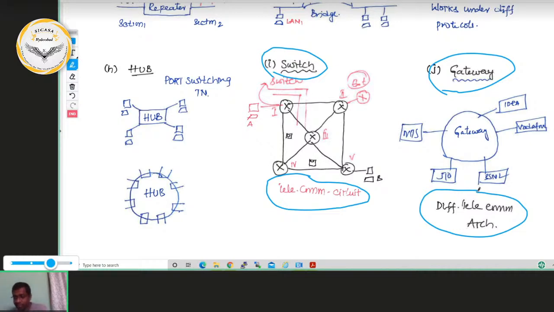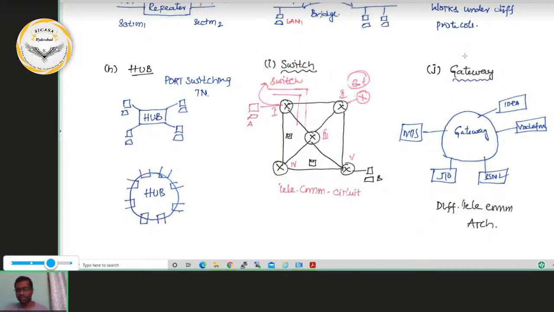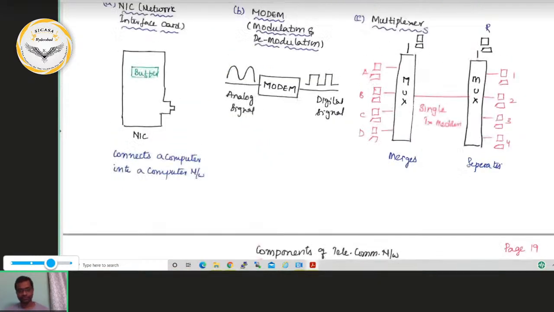That means you need to maintain multiple SIMs. But if you have a gateway, it will connect different telecommunication architectures, so that heterogeneous networks can be made. So this is about the devices which we have in telecommunication processors, and these are very, very important devices.